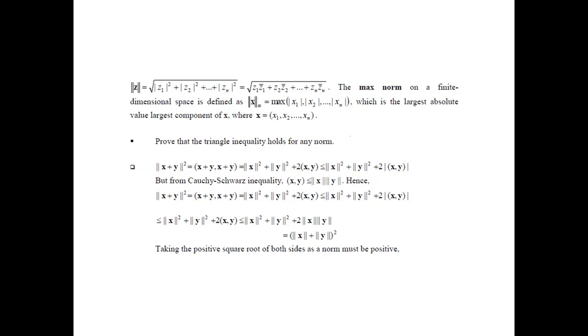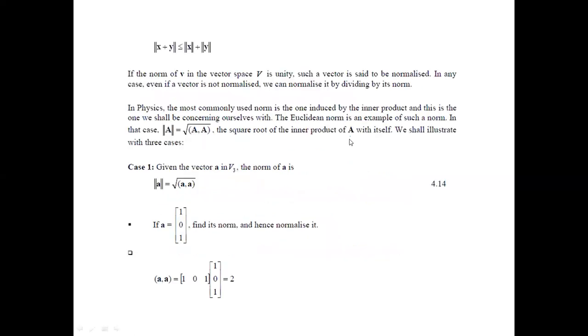Then less than or equal to norm of x squared plus norm of y squared plus 2 inner product of x, y, less than or equal to norm of x squared plus norm of y squared plus 2 norm of x, norm of y, which is equal to, when you put all that together, norm of x plus norm of y all squared. If you take the positive square root of both sides, as a norm is positive, then we have proven the triangle inequality.